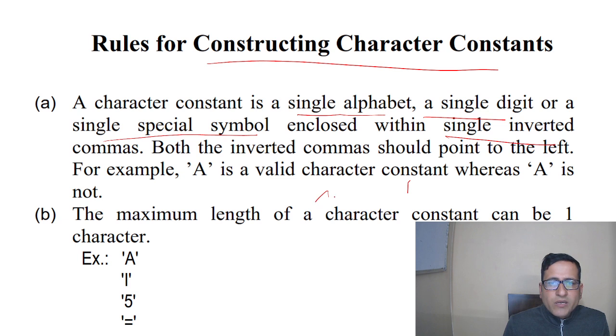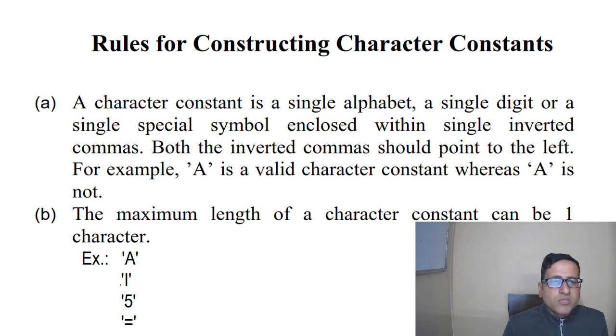So here we can see we have to use these inverted commas, like here it is used in the example. This single inverted comma must be used to specify the character constants.